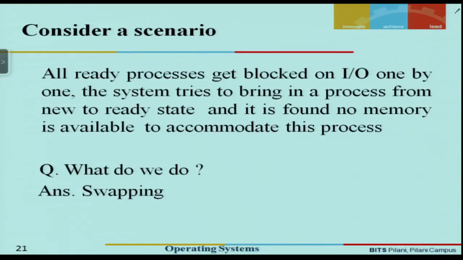That is, it is taken out from the main memory and put on the hard disk to create memory. Whenever such a thing is done, we say a process has been swapped out from the main memory to the hard disk. Swapping means removing something from the main memory and putting it onto the backing store.